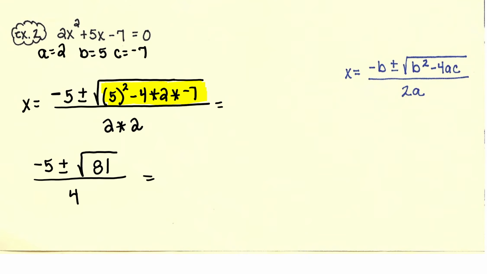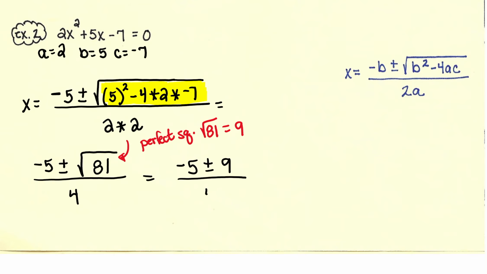Now, 81 is a perfect square. So therefore, I need to simplify this. The square root of 81 is 9. So that means I have negative 5 plus or minus 9 all over 4. This must be simplified because all of these are like terms. So let's break it to the positive side and let's break it to the subtract side.